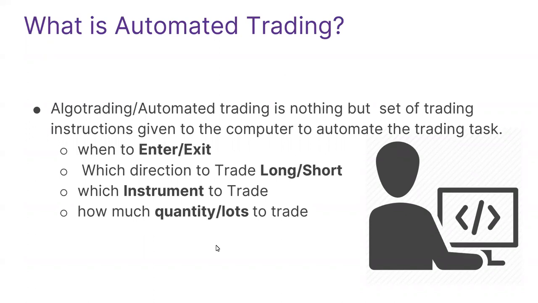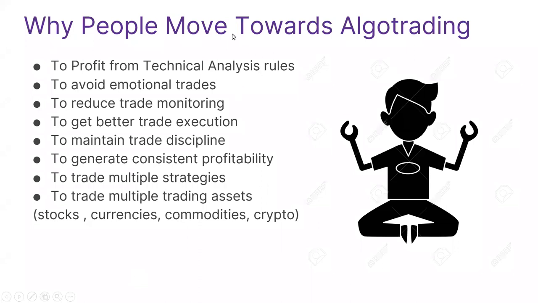All right. Let's try to understand why more people move towards algorithmic trading. See, one is the people, they would have traded systems, set of logical rules, mostly based on technical analysis rules. They would have done it manually. Now they want to automate it.